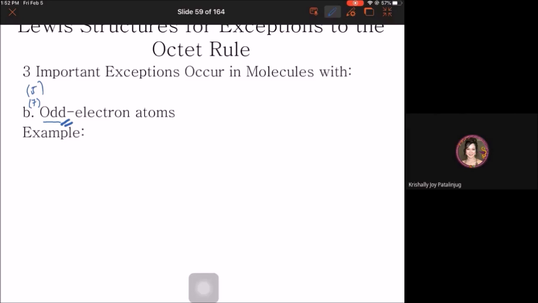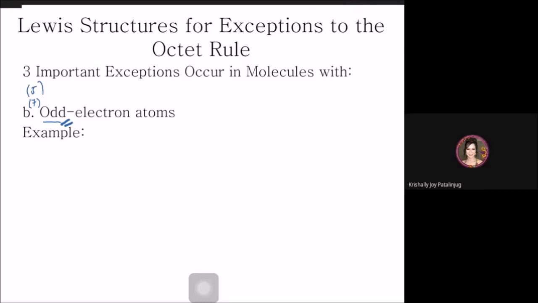Okay? And most commonly encountered, yung mga stable species that usually exist with an odd number of electrons, is yung mga nitrogen oxides. Ito. Nitrogen oxides, kasagaran talaga.